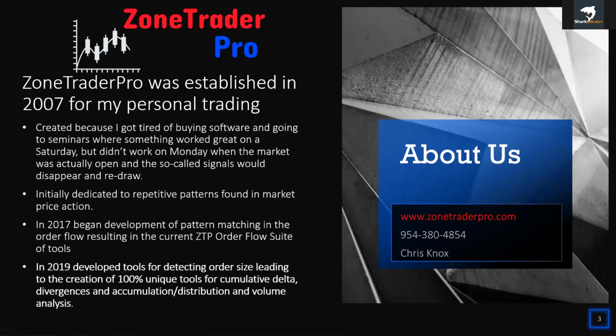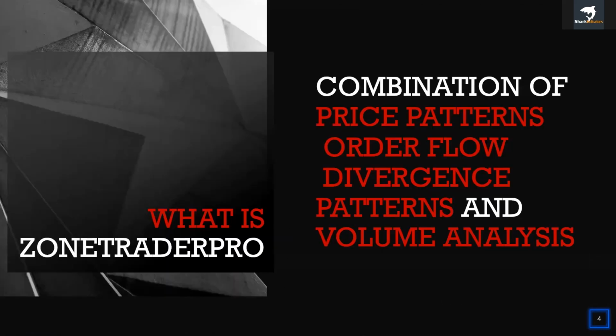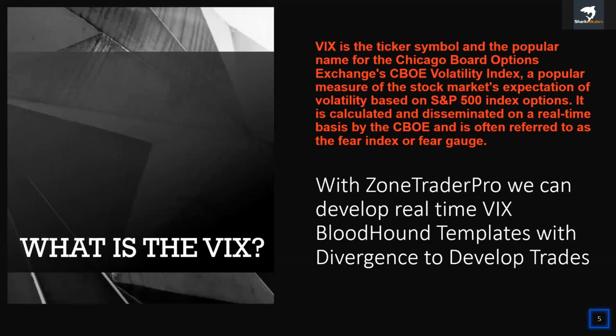After adding the order flow suite, I've done things with the cumulative delta divergences, divergences that show accumulation distribution, and I've also done a lot towards volume analysis. That's really what ZoneTrader Pro is. It's a combination of basically four different things: price patterns, order flow, divergence and divergence patterns, and volume analysis. What I want to talk about today, though, is the VIX.